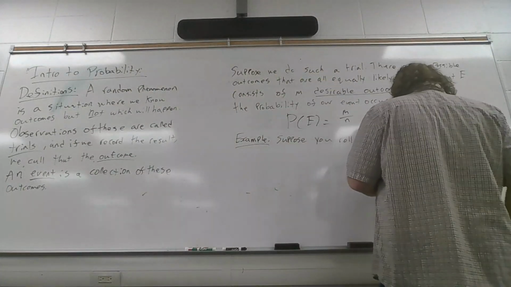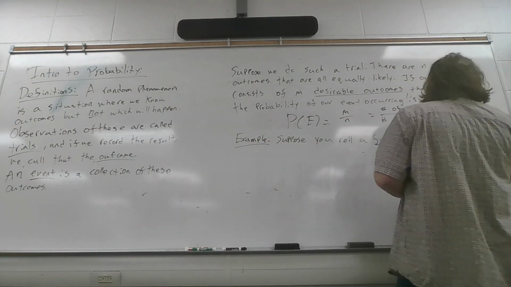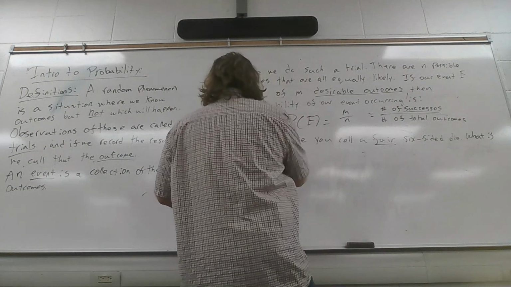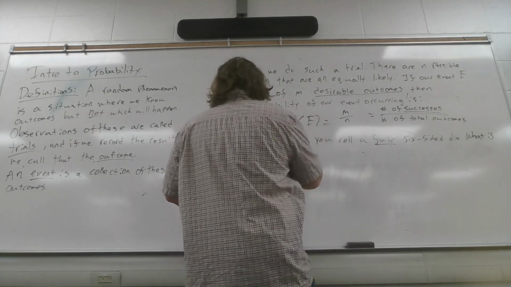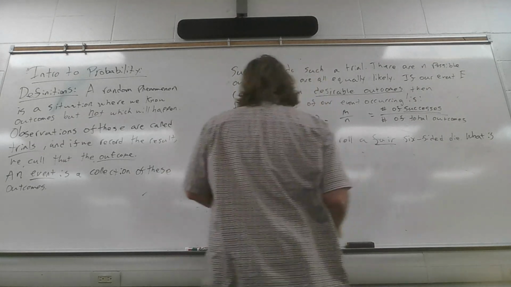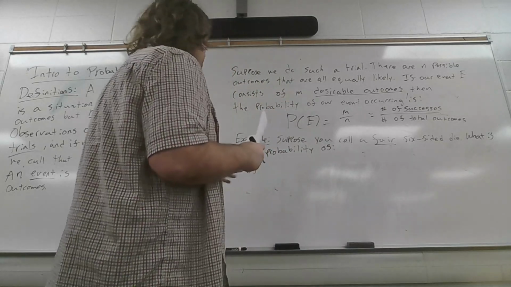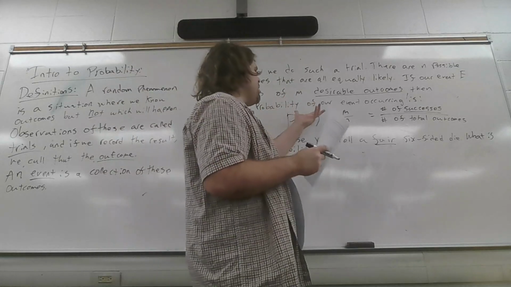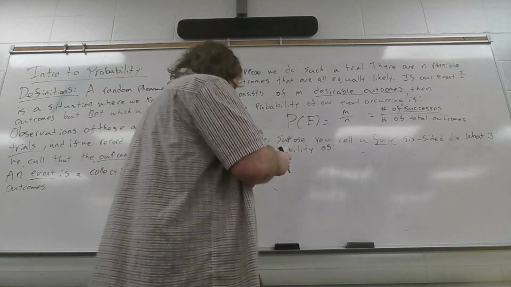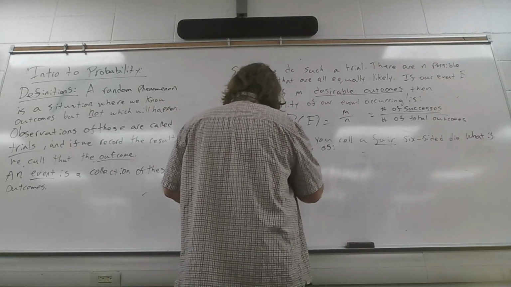So suppose we're rolling a 6-sided die. What is the probability of the following situations? These are easy to imagine. I'm just trying to connect this concept with stuff that we can intuitively figure out. So rolling a 3.